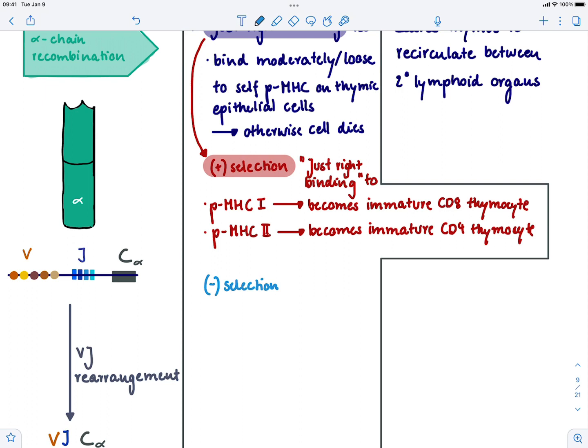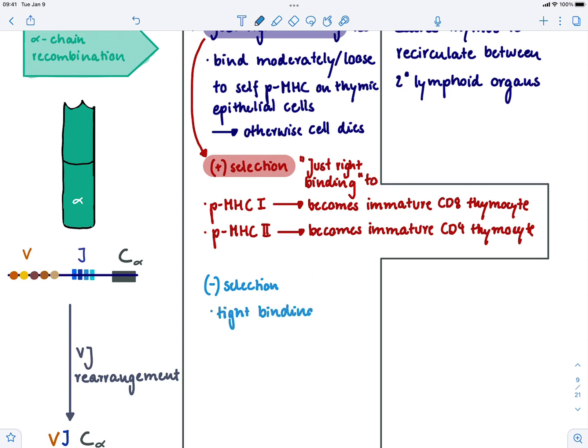That's this principle. Negative selection is also part of it, because autoreactivity is always a problem when we randomly arrange DNA segments. We're always going to create T cell receptors, also B cell receptors, that will recognize self-peptide.